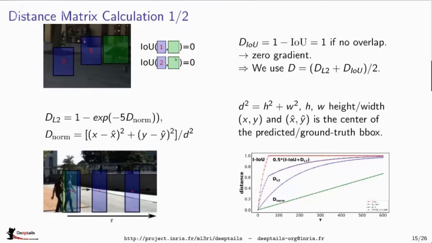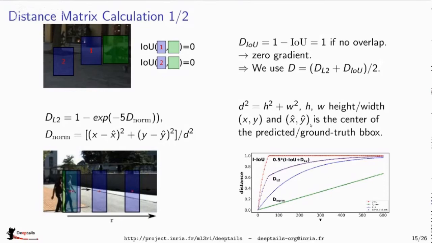So we can see the IOU between them and the ground truth box is 0. So if we use IOU alone as a distance matrix, then in this case, we will not have gradient to update the deep multi-object tracker. For this reason, we add another distance, which is normalized and rescaled center point L2 loss.